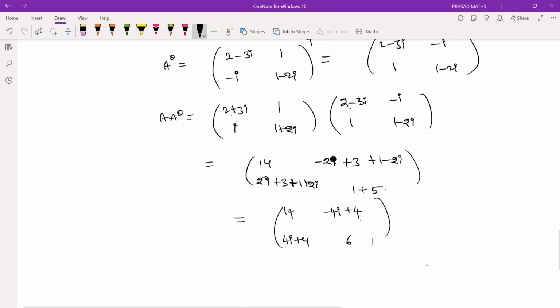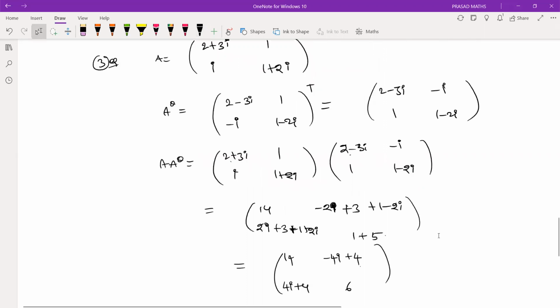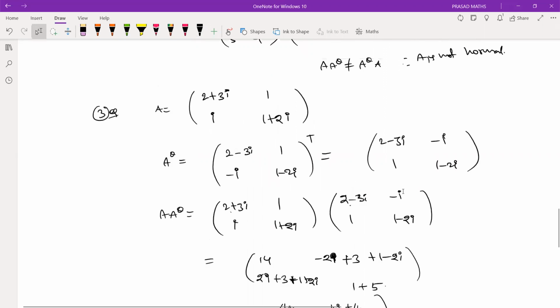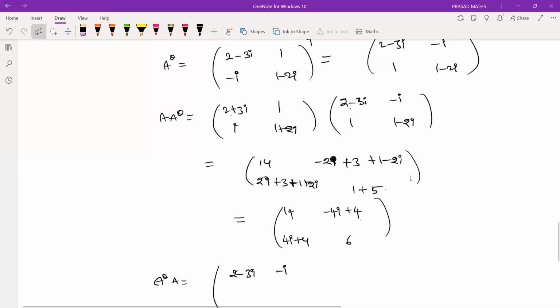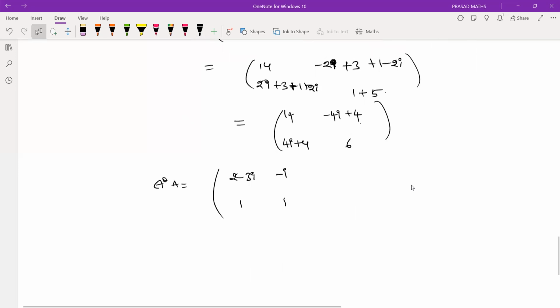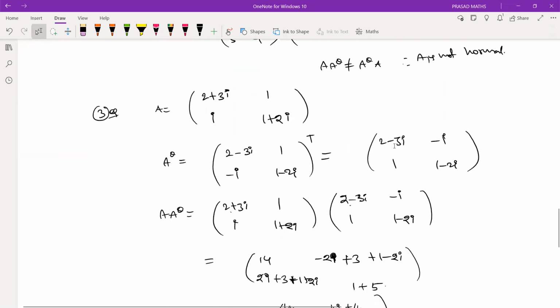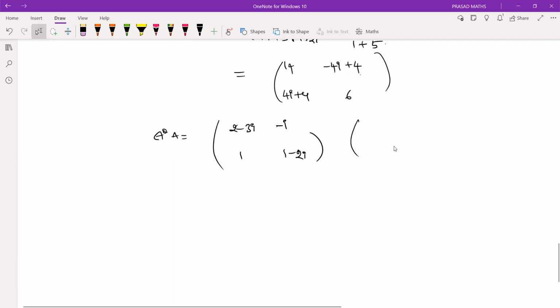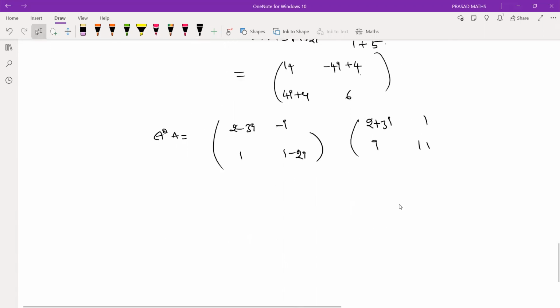Similarly, one can compute A theta into A. You know what A theta is? 2 minus 3i, minus i, 1 minus 2i. Right? Next, 2 minus 3i, minus i, 1 minus 2i, times 2 plus 3i, 1, i, 1 plus 2i.